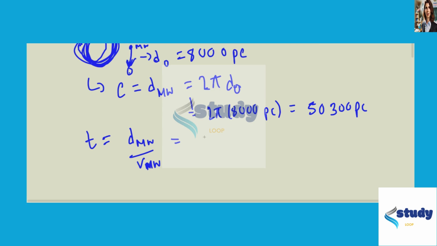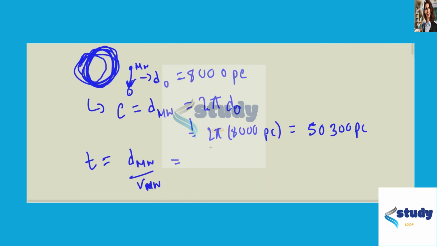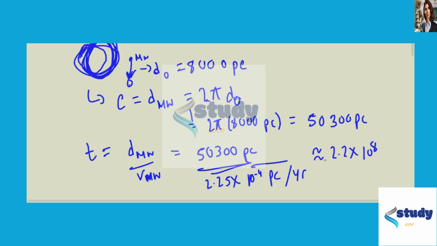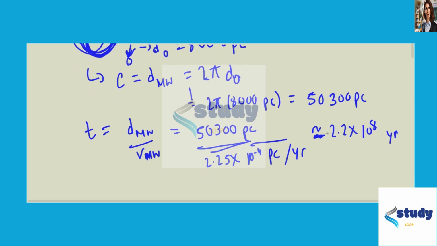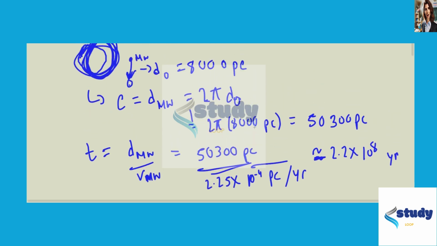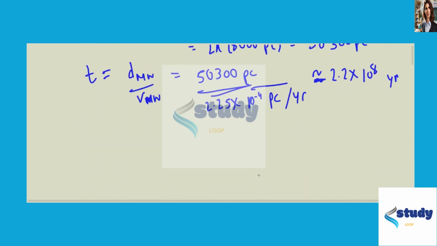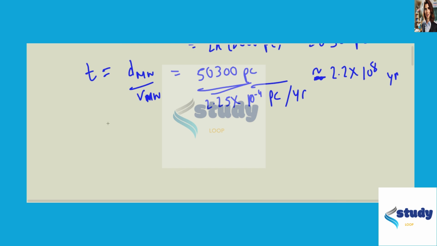And so the time, a typical orbital period, is 50,300 parsecs over 2.25 times 10 to the minus 4 parsecs per year, giving you very close to 2.2 times 10 to the 8 years. So 220 million years. That's how long it takes the sun to complete one revolution around the center of the Milky Way. And the sun is 4.6 billion years old, right?